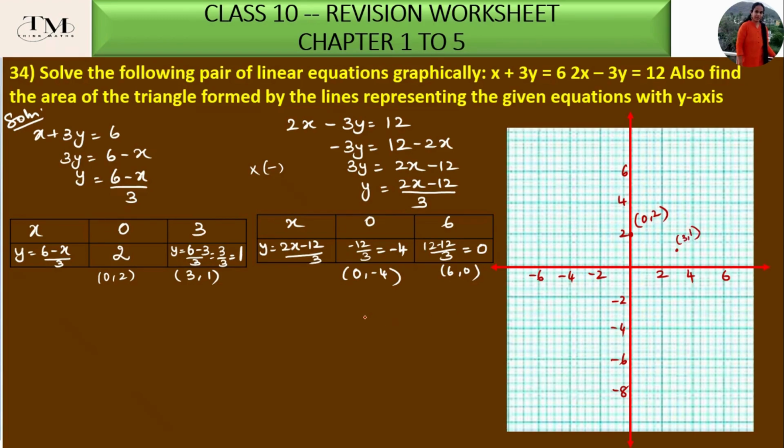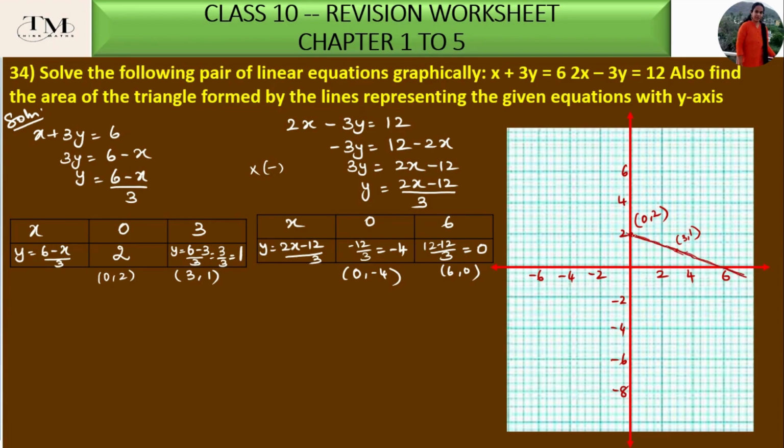Okay. Next we have 0 comma minus 4. So before that, let us join the line for the first equation. So 0 comma 2, 3 comma 1. Okay. So this is the first line.